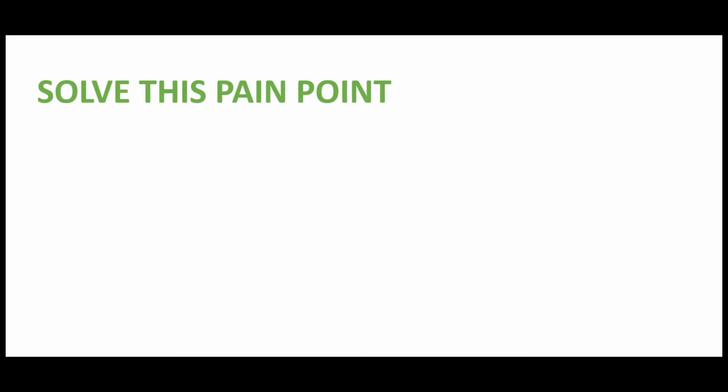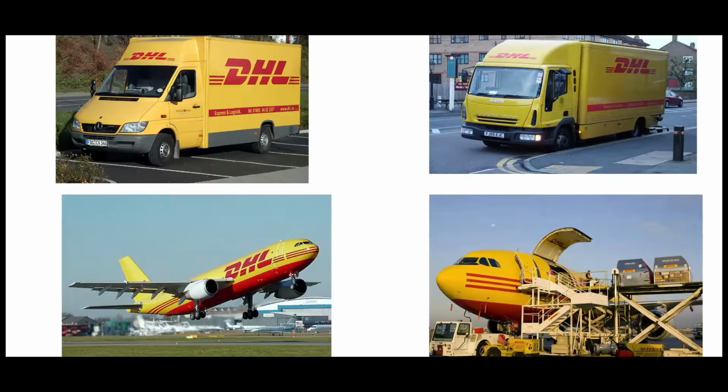When we solve this, we will take the example of, say, DHL or UPS courier service. When you go to DHL and say that I want to send a courier to New York, you give the package to DHL, but DHL does not wait till the courier reaches New York before they dispatch the courier of some other person.